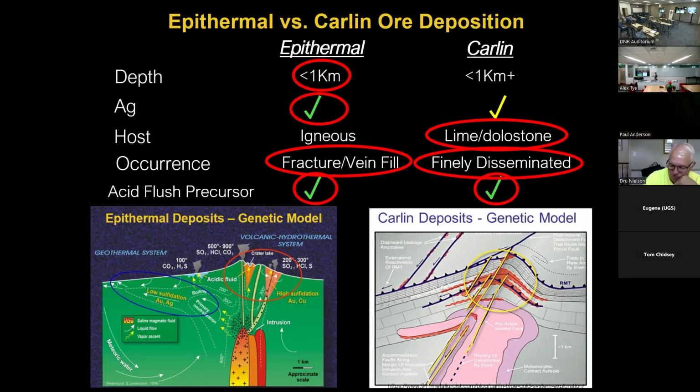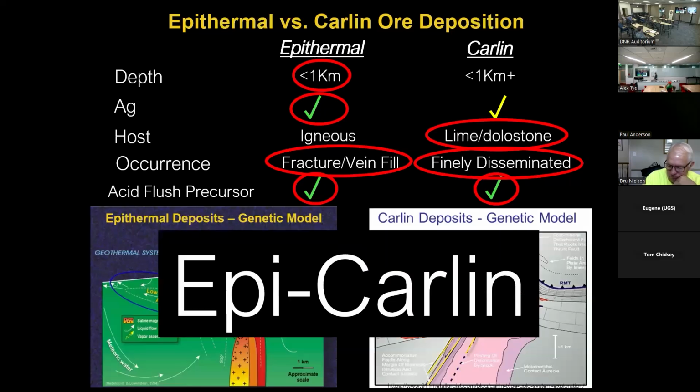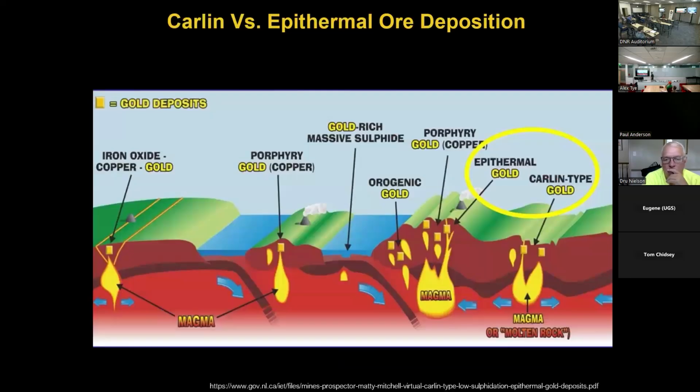It doesn't sound right. So what I'm going to call them is an epicarlin deposit because it has characteristics of both. I don't think you can just put it in one slot. It's probably a little bit of epithermal and a little bit of Carlin as they're defined. Either way, they're both associated with a magmatic source. With epithermal or Carlin types, they both have a magmatic source in most cases that I've seen.